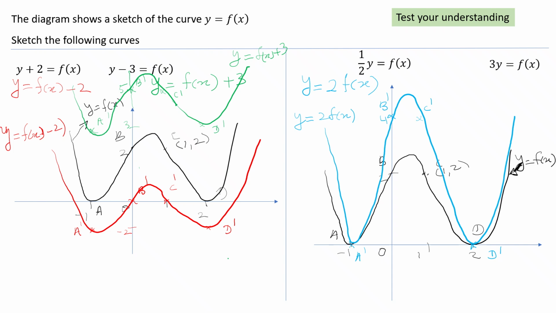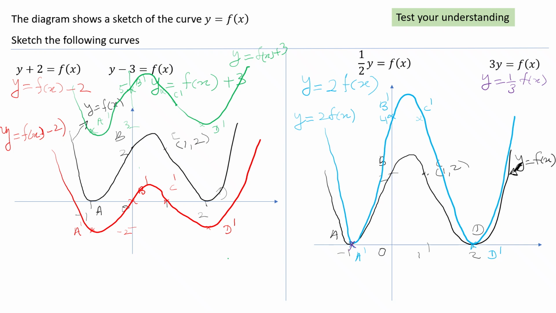Next one, 3y equals f(x). So we need to rearrange: y equals 1/3 f(x). So the y coordinate is going to reduce by 1/3. So for the new graph, point A still remains the same because the y coordinate is 0.